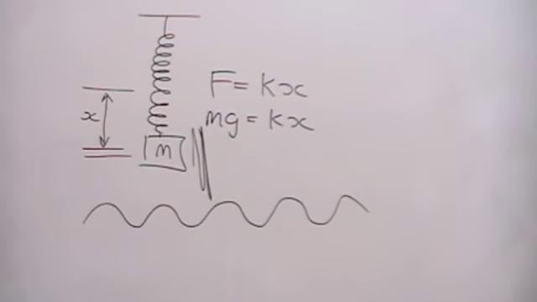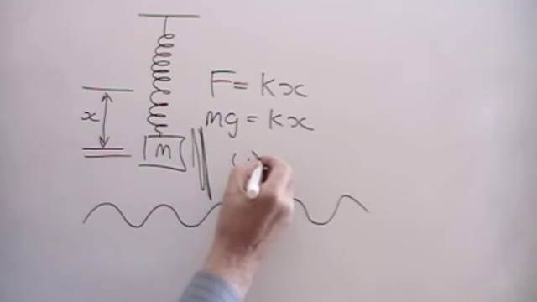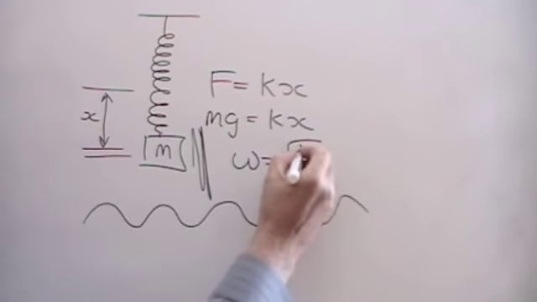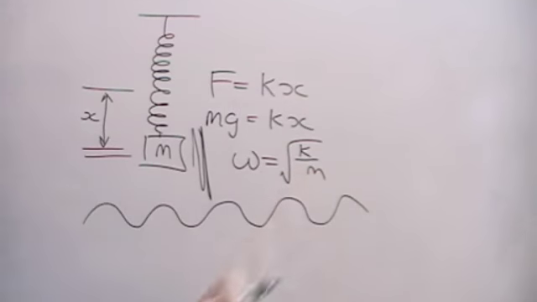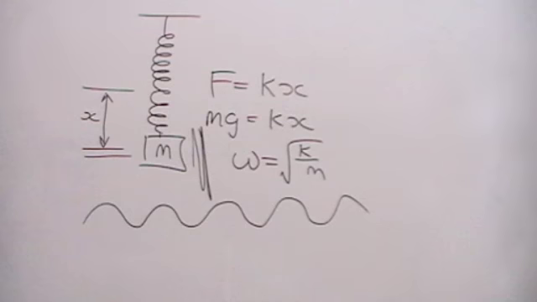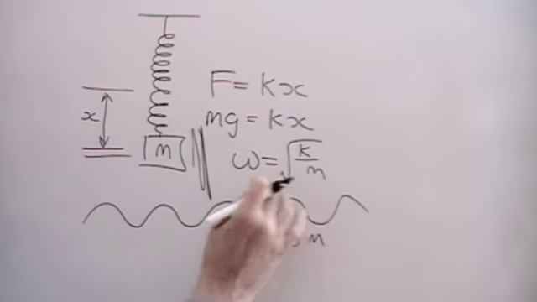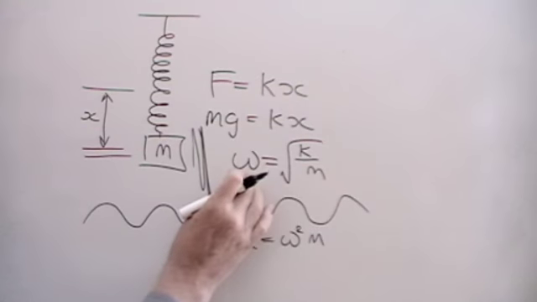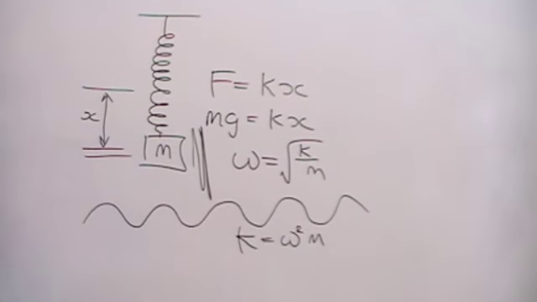And the frequency of that pattern, omega, is given by the square root of k over m, where k is the spring constant and m is the mass that is on the spring. And from that you can see that k is equal to omega squared m. From this formula you just square both sides, you get omega squared is k over m, so k is omega squared m.